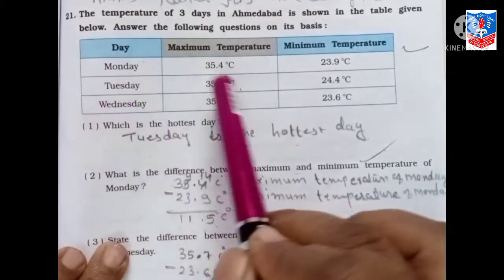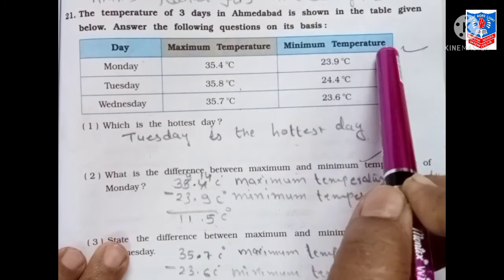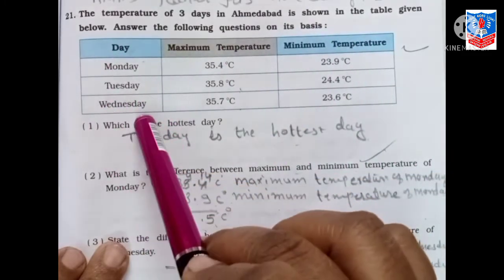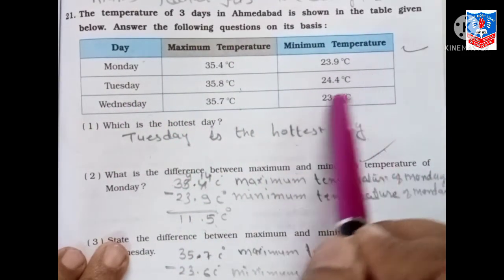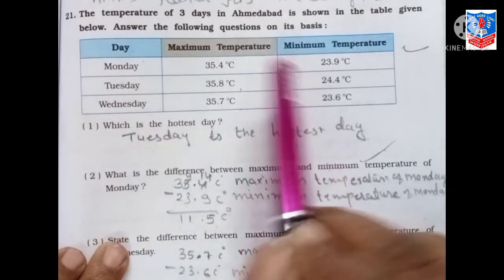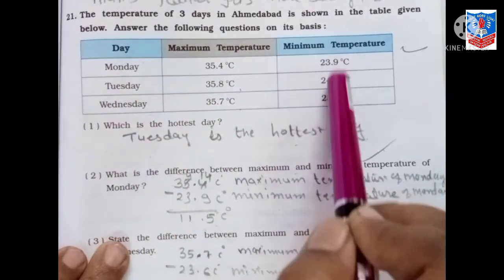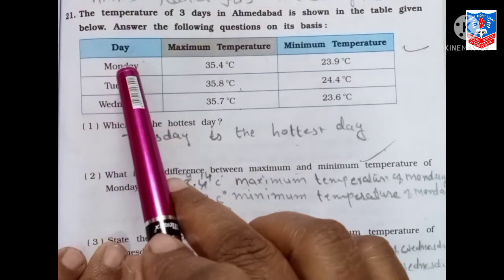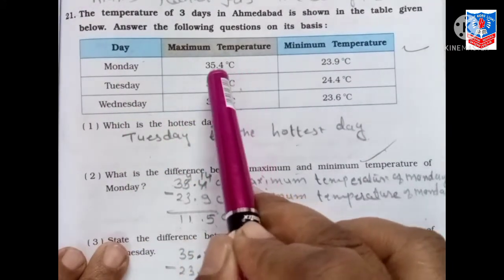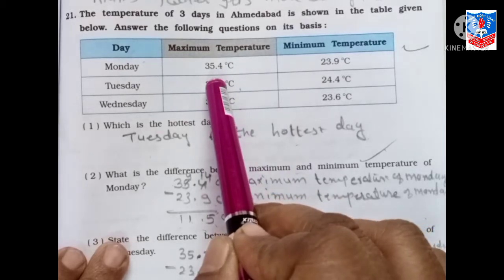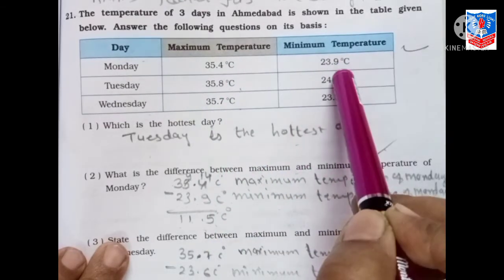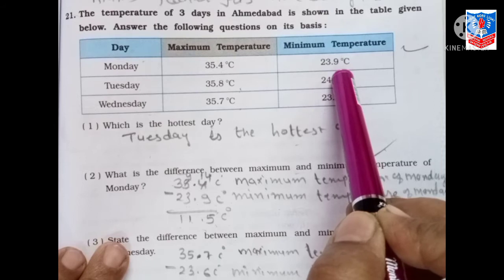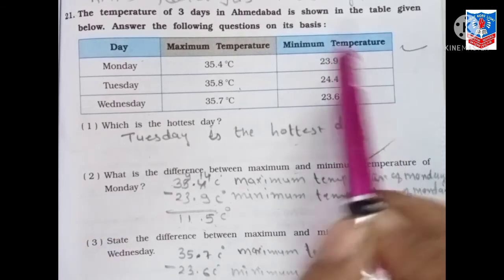Now see here, the maximum and the minimum temperatures of 3 days of Ahmedabad are shown here in a table. Now on the basis of this table, we have to answer the following questions. On Monday, the maximum temperature was 35.4 degrees Celsius and the minimum temperature was 23.9 degrees Celsius.